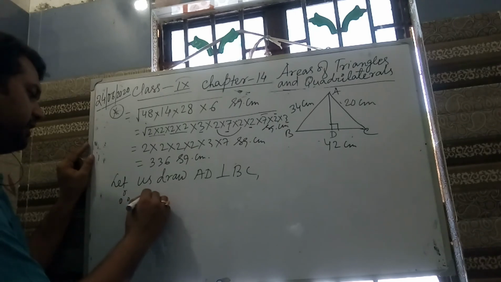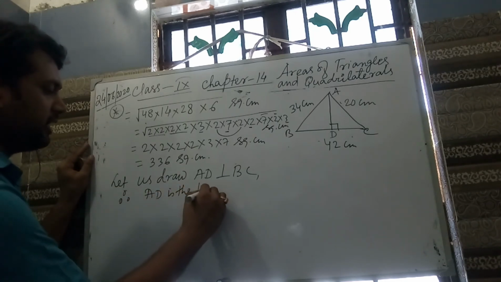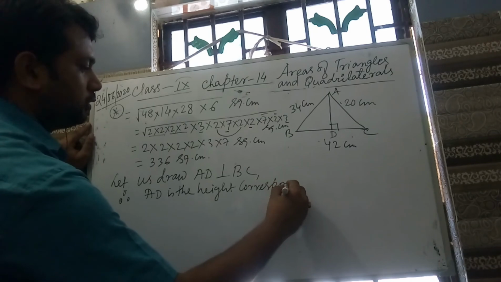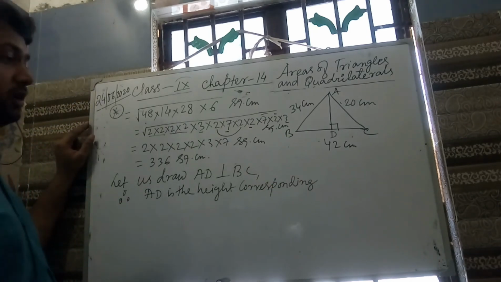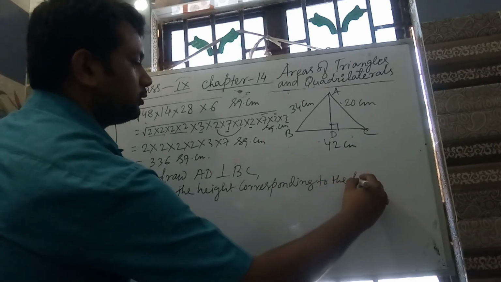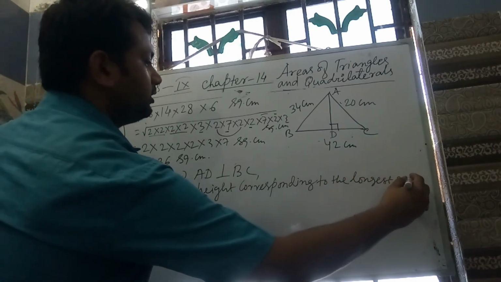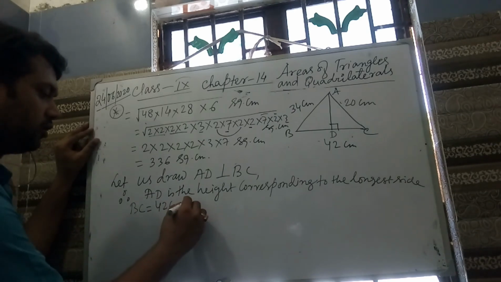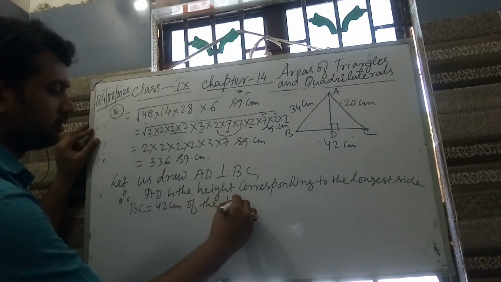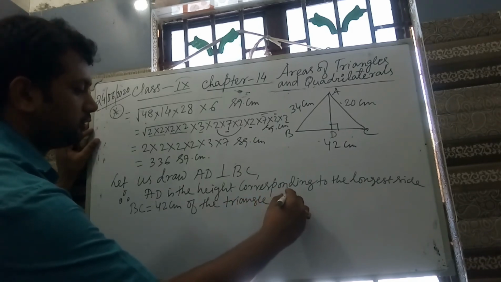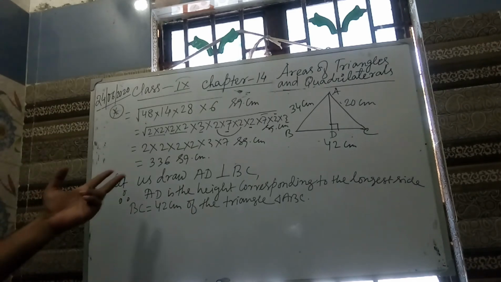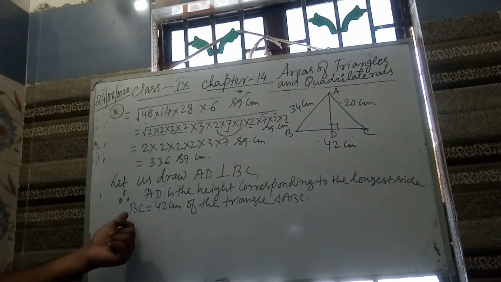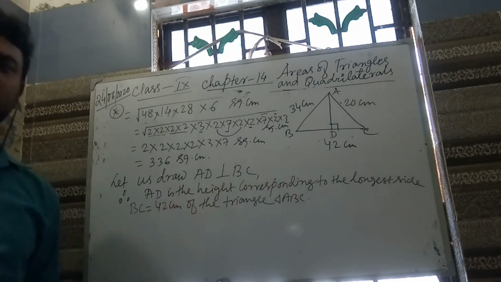Therefore, AD is the height corresponding to the longest side BC equal to 42 centimeter of the triangle ABC.